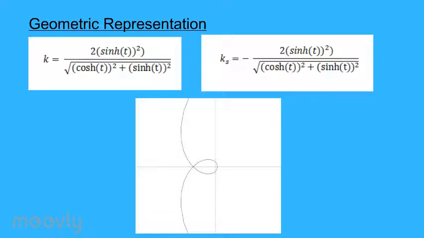The fundamental theorem of plane curves states that you can find a unique curve up to rigid motion given a smooth function k. In this case, we have calculated our signed curvature from previous, so we can find a geometric representation of the curve.